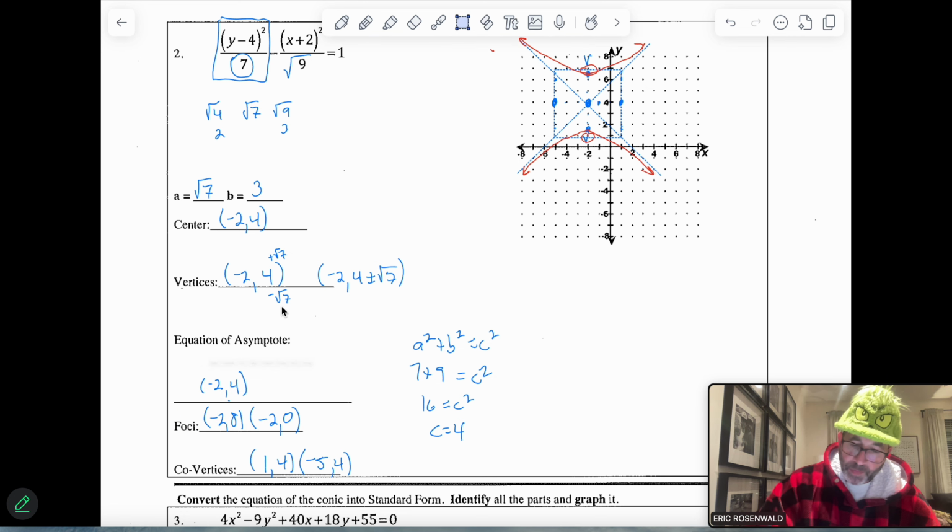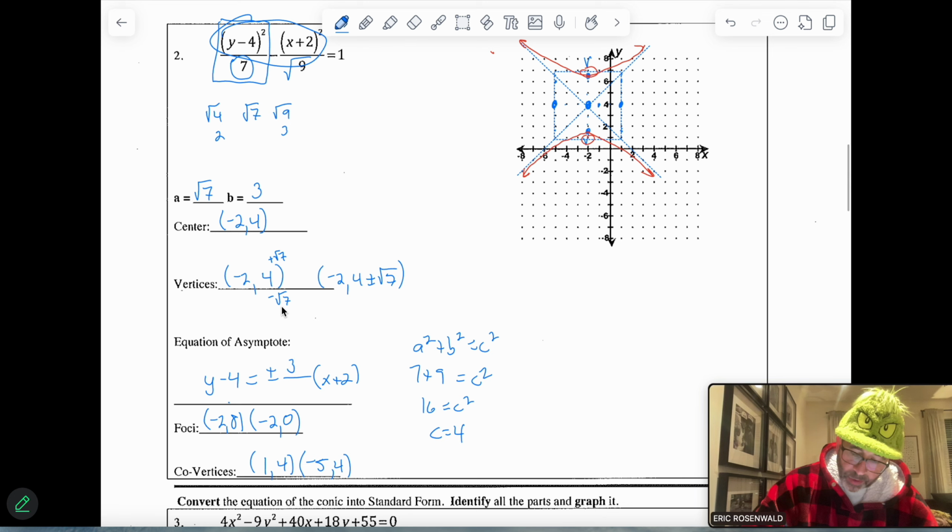Okay. And the last thing here that we're going to do is our asymptotes. Let's pull that information straight out from the equation. We've got y minus 4 from our equation, and we've got x plus 2 from our equation up here. And then we've got plus or minus the b over the a. So we're going to go up, b over a, which is going to be 3 over root 7.